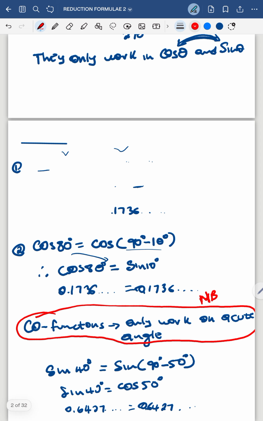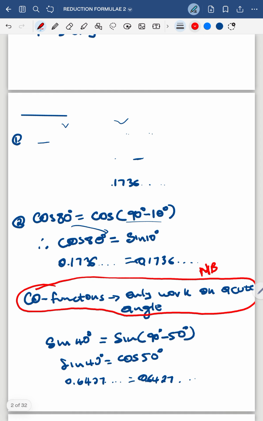Maybe you want to divide things that look alike and cancel, but you see that you can't cancel because the angles are not the same. Check if it's an acute angle, then use the cofunction method so that everything can be equal, then you divide and cancel so that you can have one answer.